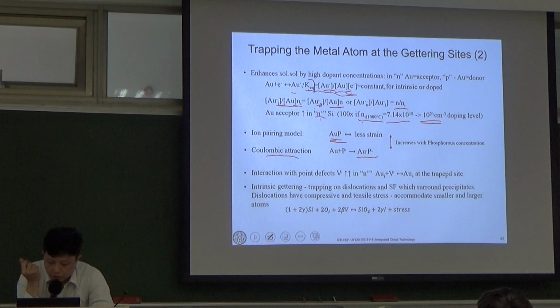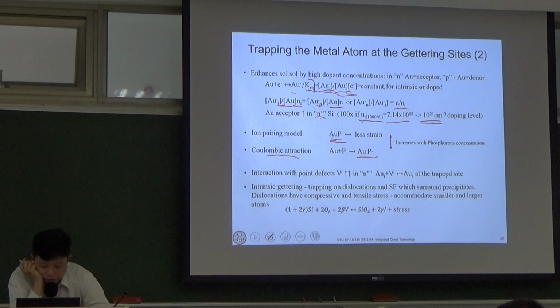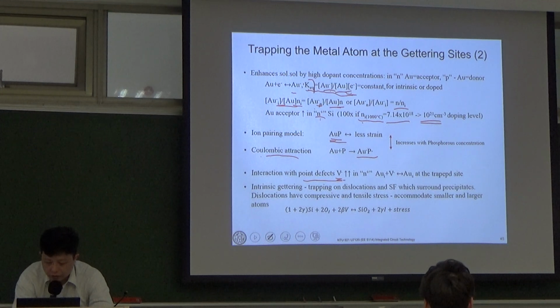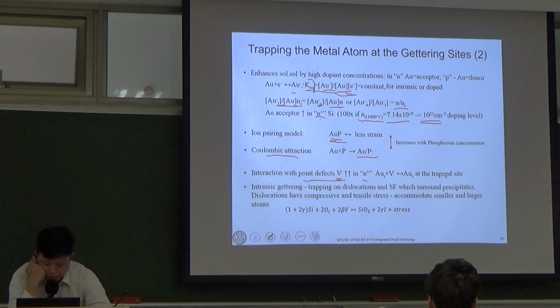So they can form this kind of gold and phosphorus compound. And also we can introduce this point defect V in this N-type material. Okay, and also we can introduce the I in this process.